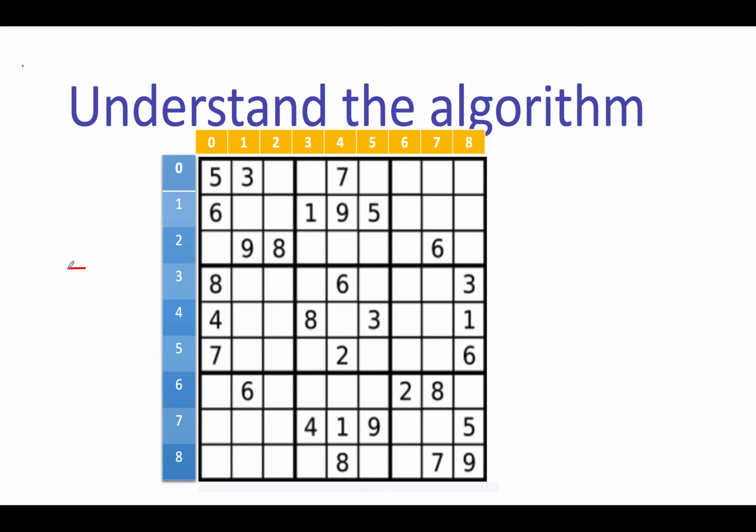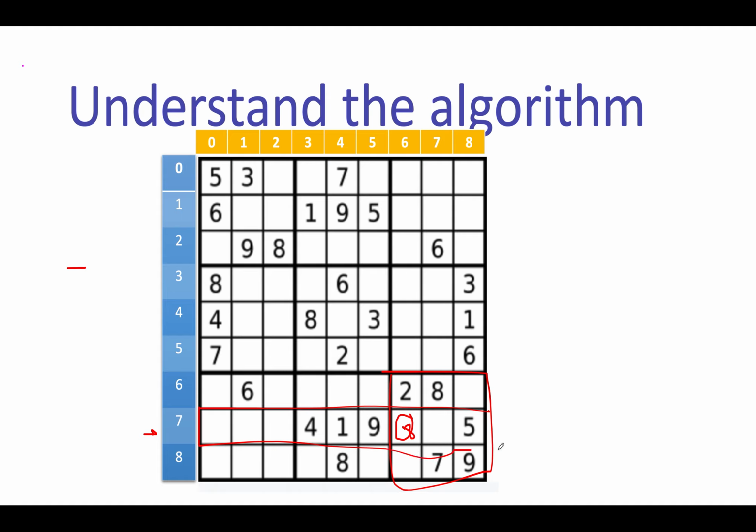Let's assume that you are filling a number at this particular index 7 comma 6 here, and let's assume that number is supposedly 8. Then how are you going to check whether a violation has happened in this block or not? For the row, you will iterate across all the elements corresponding to this row.